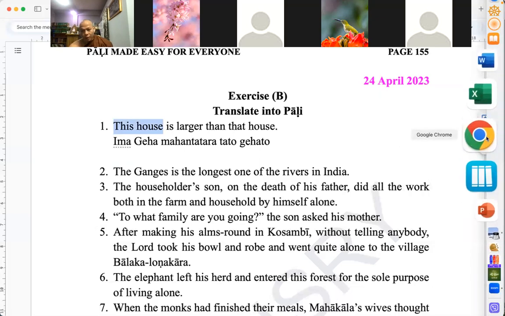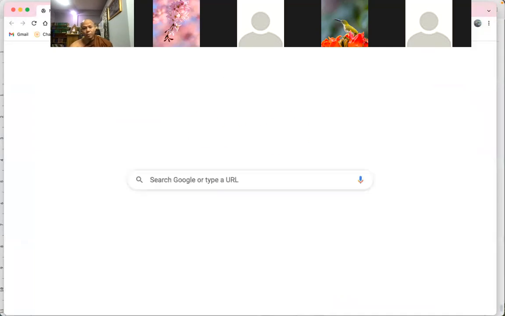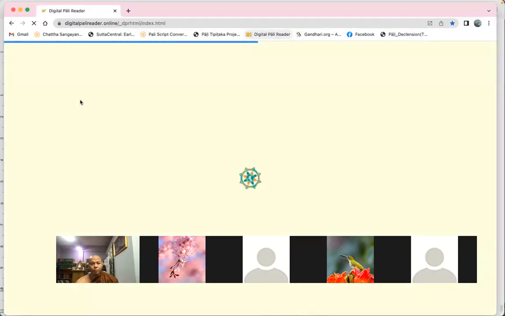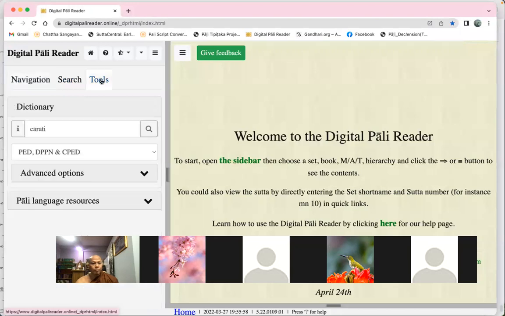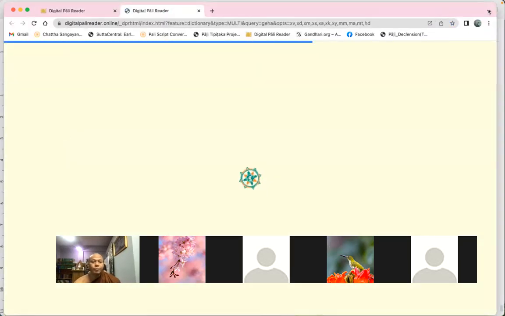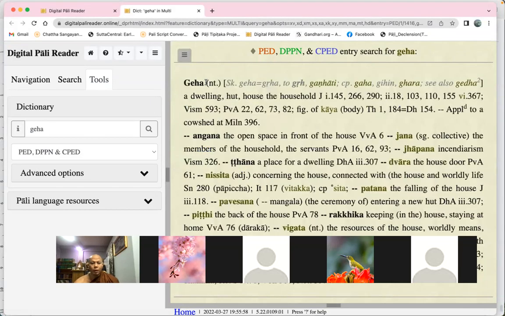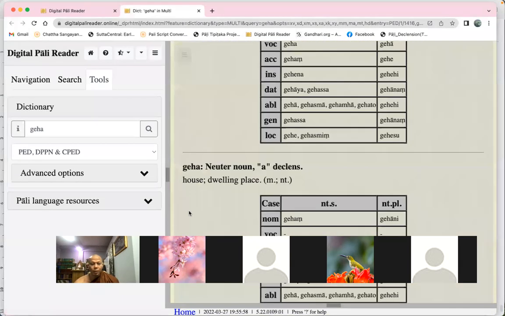Geha is commonly neuter gender, and masculine gender also can be, but neuter gender is very common. Here you see both masculine and neuter.